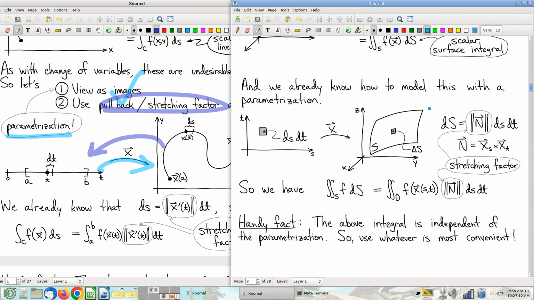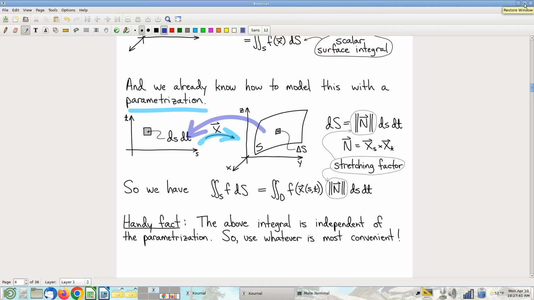So, again, a parametrization of a surface allows me to view the surface as an image. And when you have a domain viewed as an image, then you can pull back and play stretching factor games. And in fact, we've already played those games, right? That was the calculations that we did last time. Everything that we need here is actually already looking at us here.